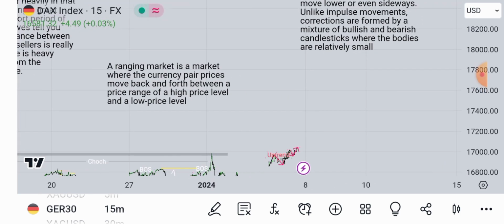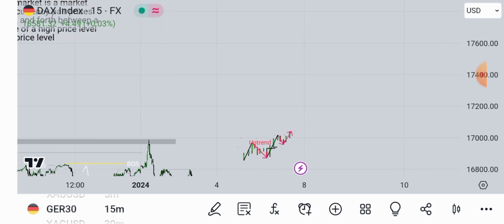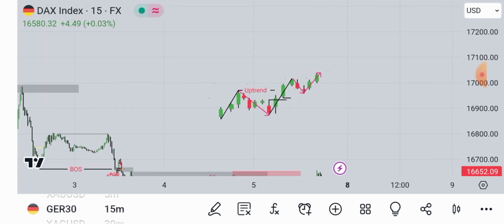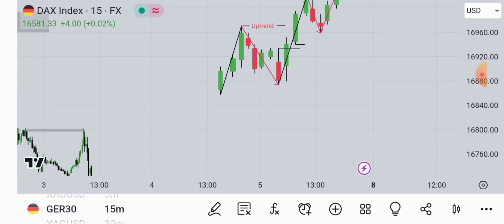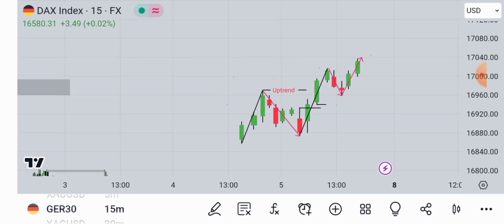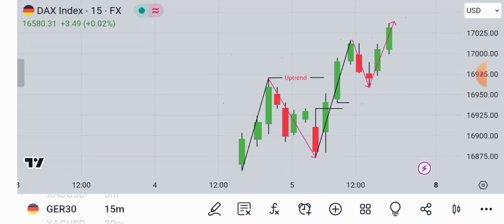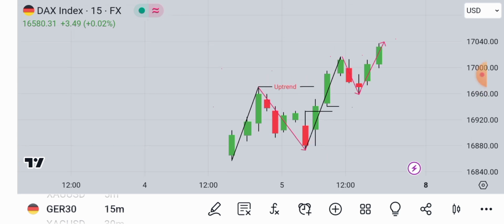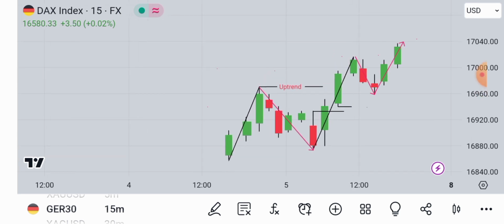the practical side. So let's start first here on my drawing so I can explain to you what an impulsive move and a correction move are. So first guys, let's look at this bullish trend.